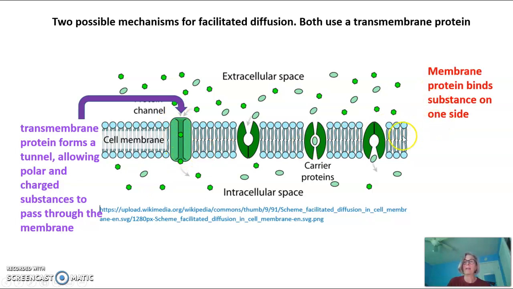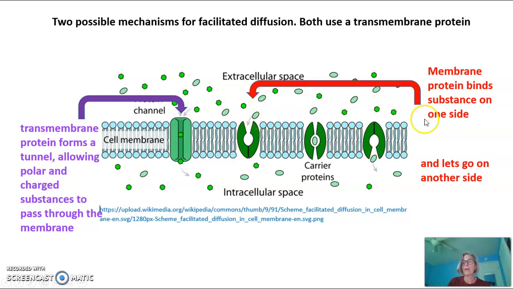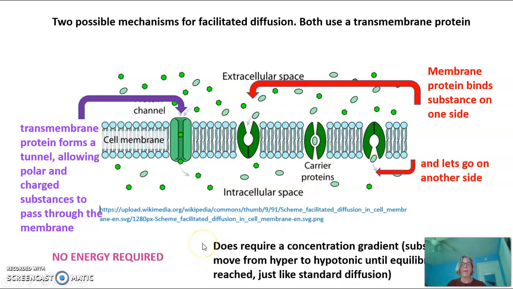Another way that this can happen is a transmembrane protein can actually bind to a substance on one side of the membrane where there's a higher concentration, and then it actually lets go on the other side, therefore kind of moving it from one side to the other. Again, the substance gets to move through this transmembrane channel, kind of protecting it from these fatty acid tails. There is no energy required, but it does require a concentration gradient.